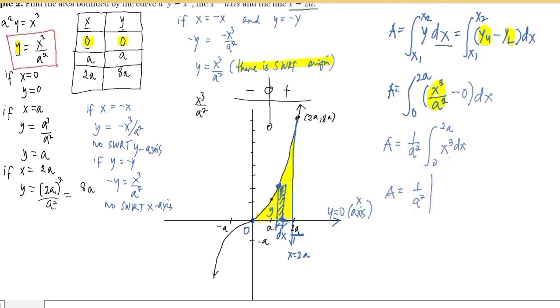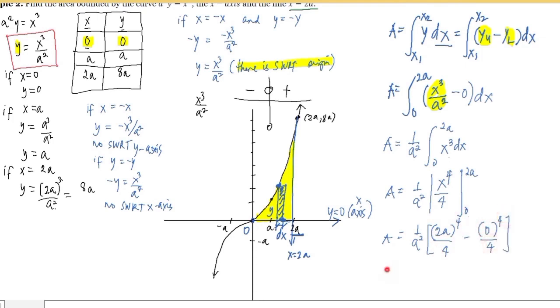The integral of x cubed is x to the 4th over 4, and of course, our limit from 0 to 2a. Applying our limit, we have 1 over a squared times the upper limit 2a raised to 4 over 4, minus our lower limit, 0 raised to 4 over 4.